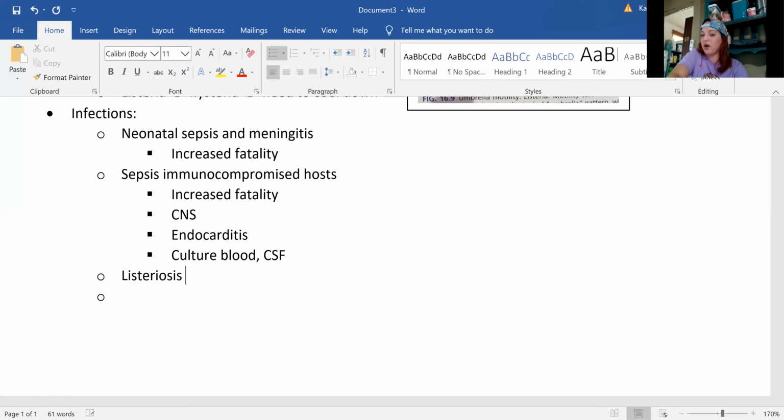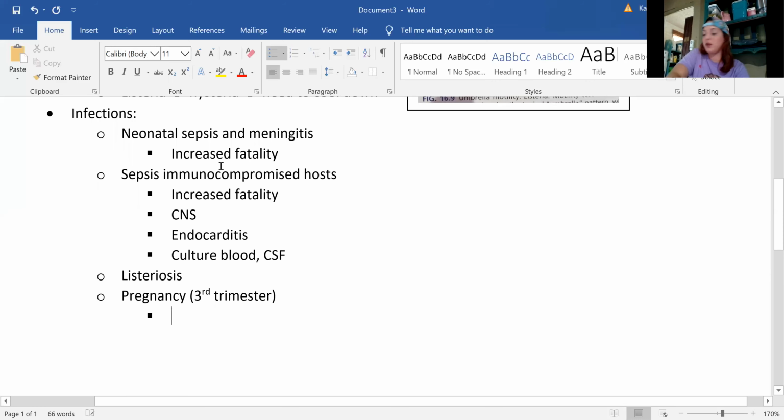Listeriosis is the broad disease state. And then in pregnancy, it can arise during the 3rd trimester and has been known to cause spontaneous abortions and stillbirths.